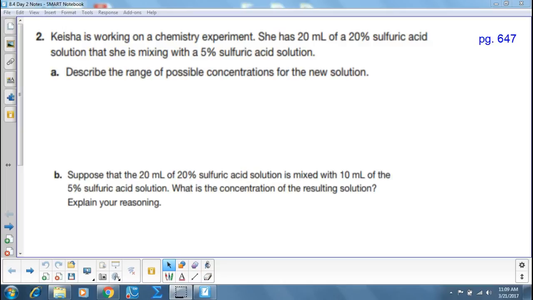Am I going to get more concentrated in my cup by pouring in a 5%? Why not? Why is it going to get diluted and not concentrated? Because what's in the cup already is a higher percent. So I can't get any more than 20%. So 20% is my maximum on the one end.